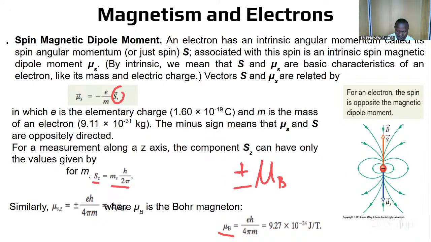So just put the values of h, 4, pi, and m. By the time you insert these values, substitute everything and calculate using your calculator, you are going to have this constant. And this constant is known as the Bohr magneton.